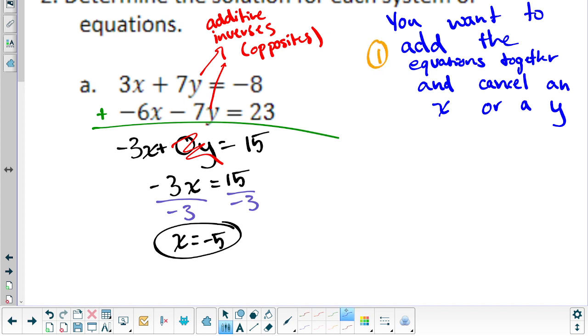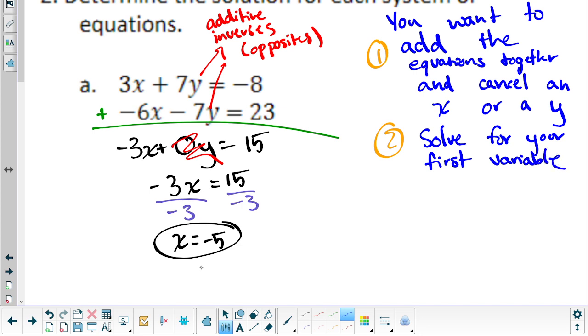Step 2 is what I just did here, which is solve for your first variable. So in our case, we found x because we combined the equations and canceled out the y's, and we were left with an equation that just had x, which is solvable, okay?